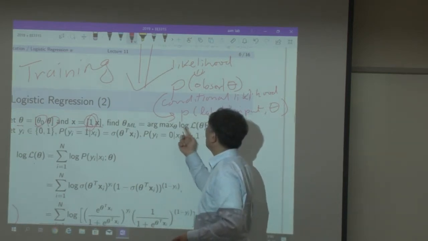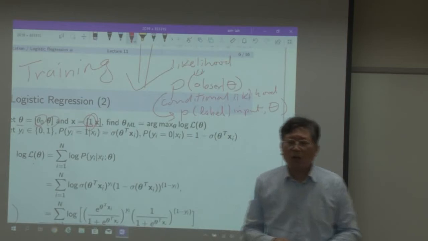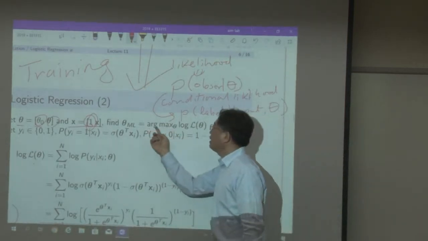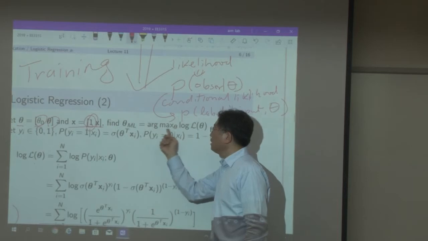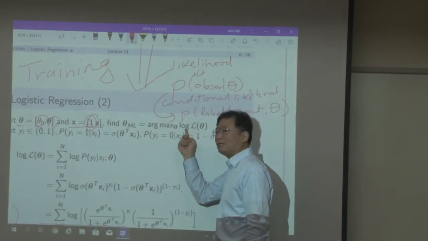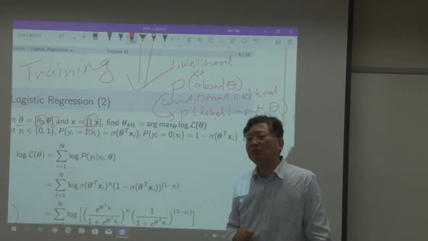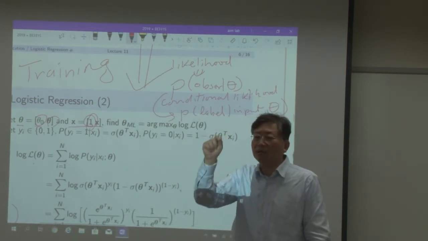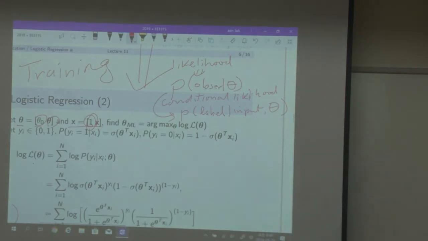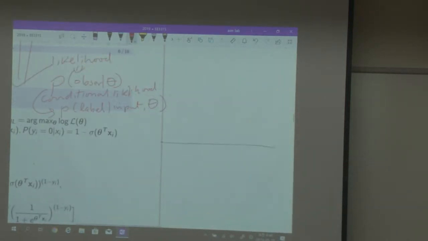Log likelihood, by the way, and likelihood. Finding the theta that maximizes the log likelihood and the likelihood, the position, do you think it would be different or is it the same? I have a likelihood, I have probability. You know it's maximum there.